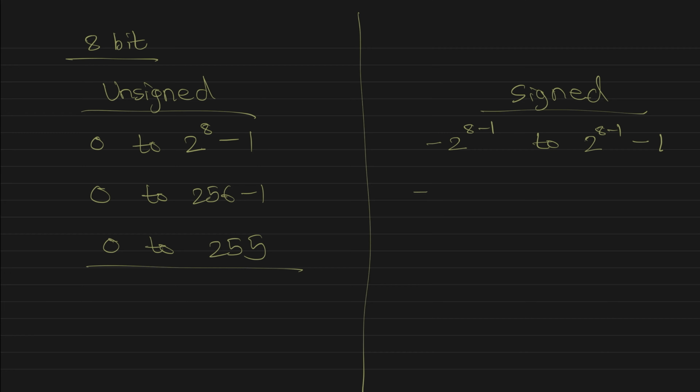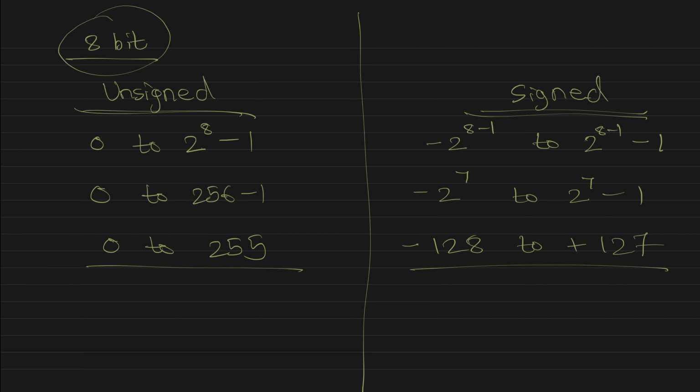So this will be minus 2 raised to 8 minus 1, which is 7, to 2 raised to 8 minus 1, which is 7, minus 1. Again 2 raised to 7 would be half of 2 raised to 8, which is 128. So this will be minus 128 to plus 128 minus 1, which will be 127. Okay. So this is what the ranges would be in case of 8 bit unsigned and signed integers.